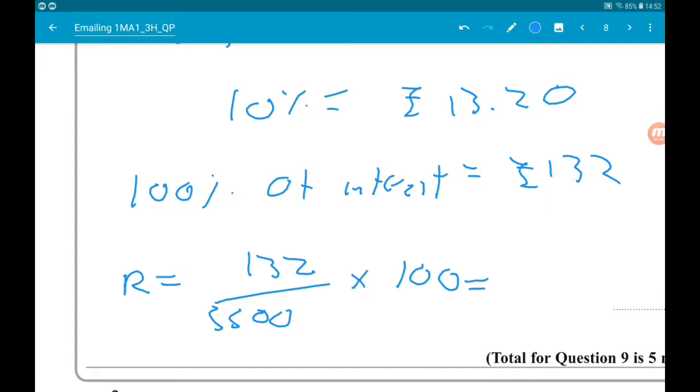And that is going to give us 2.4. So R is 2.4. R percent is 2.4%.